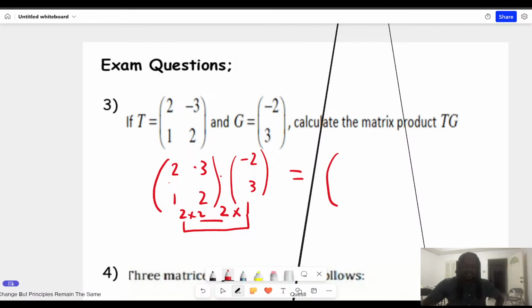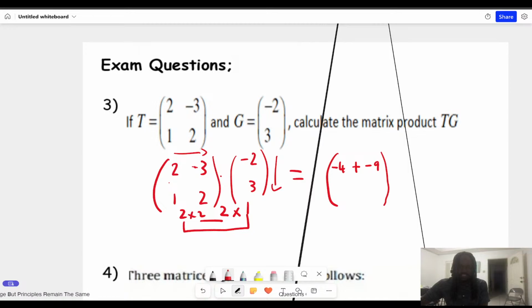So let's see here. First number by first number, remember it's only rows in the first, only columns in the second. First number by first number, 2 times negative 2. What does that give to me? That gives me negative 4 plus second number by second number, negative 3 times 3, that's negative 9.